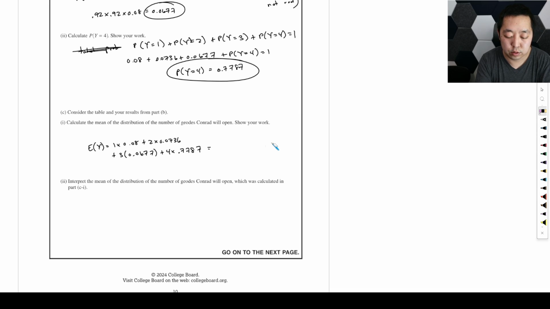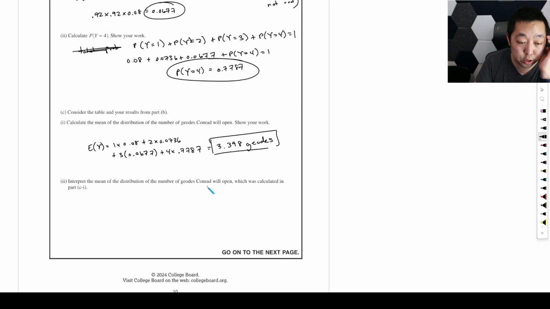Sorry. Plus 4 times this probability. It's going to be 3.398 geodes. Sorry if I panicked you. It should be close to 4 because there's a high probability that he's going to get 4.